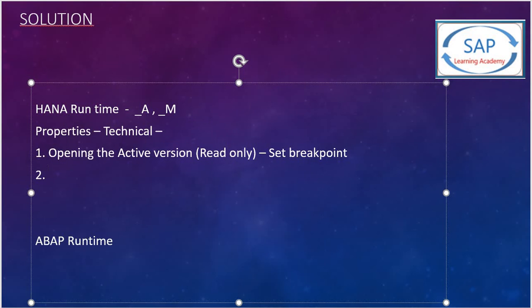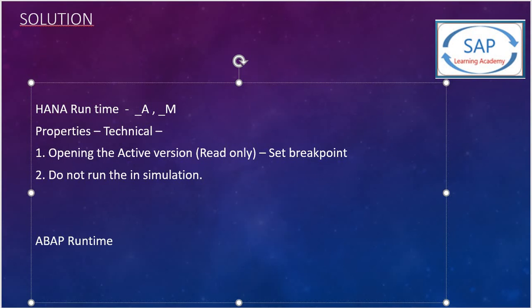Then you have to execute the DTP with execution, not in simulation. Do not run the DTP in simulation, because the active version is always executed in execution mode, not in simulation mode. That's what you have to understand.